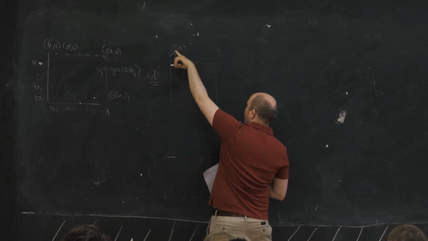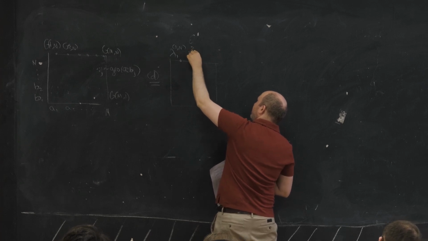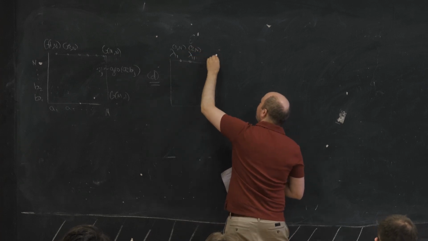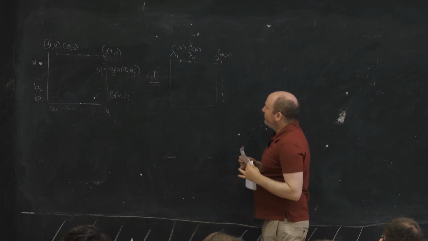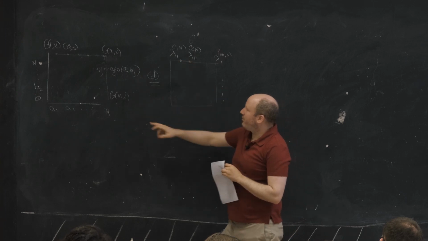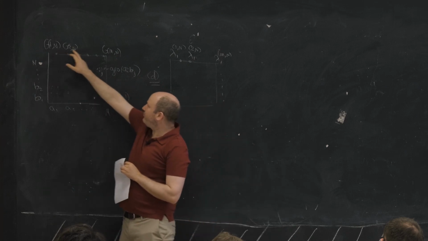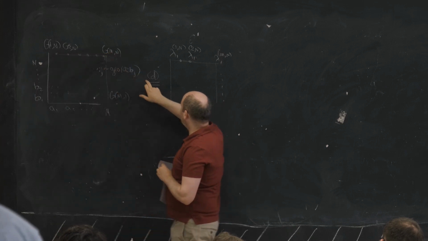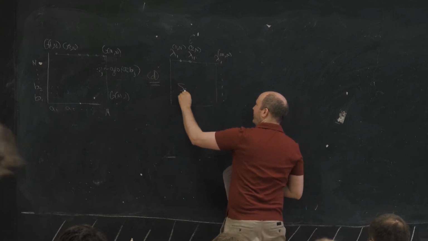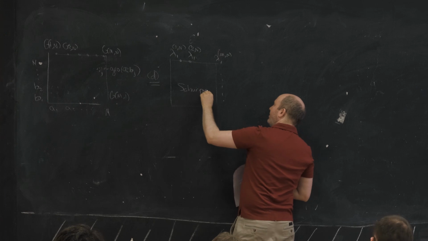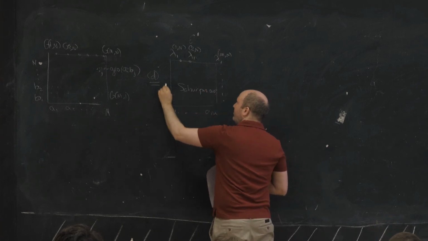So before I had called this lambda 1. Then I have the first coordinate of lambda 2n and the first coordinate of lambda mn and so on. If I chose my w's in this special manner, these random variables jointly are equal in distribution to the joint law of the top of this, where this is distributed according to the Schur process with parameters a1 up to am and b1 up to bn.